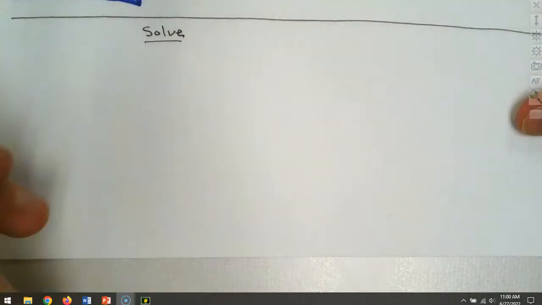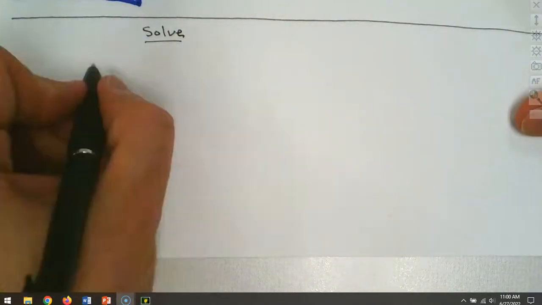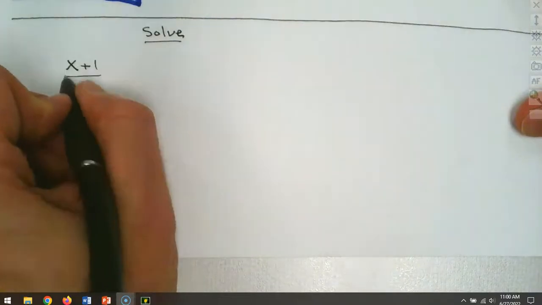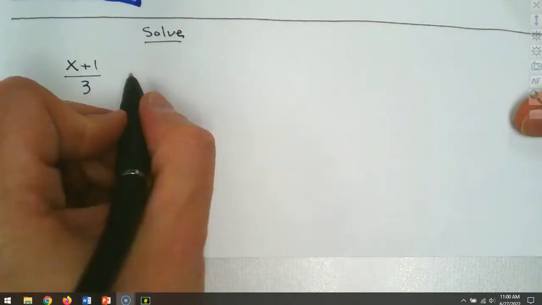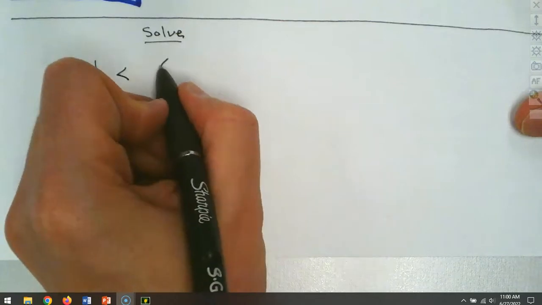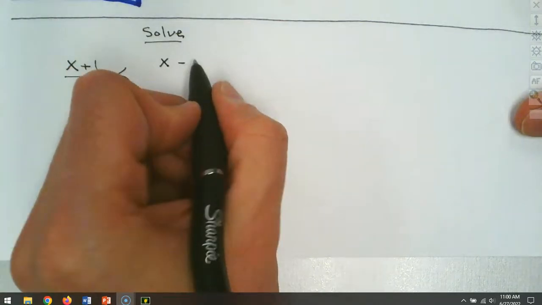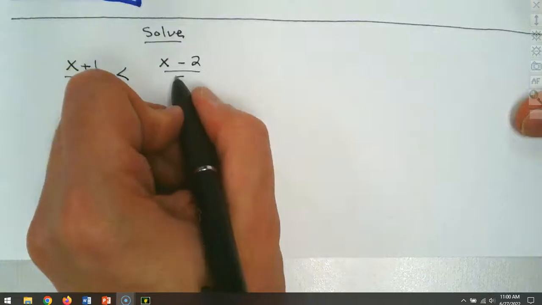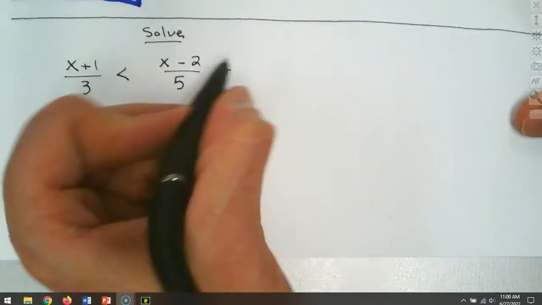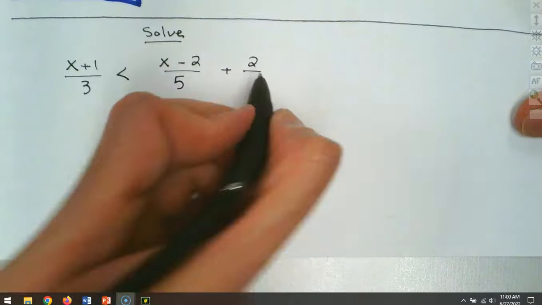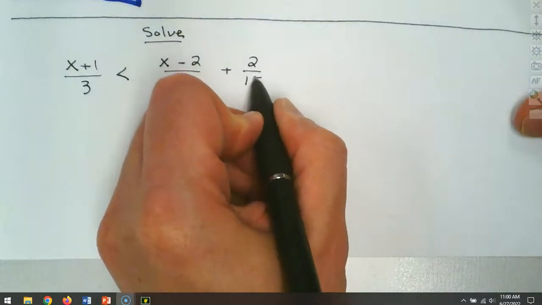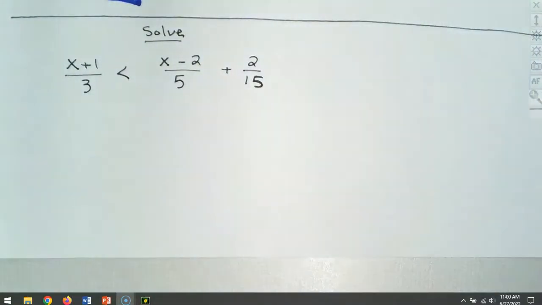I'll try to make one like what you got in your homework here: x plus 1 over 3 is less than x minus 2 over 5 plus 2 over 15. And this is going to look very, very similar to question 1. A little bit different, but pretty much the same.